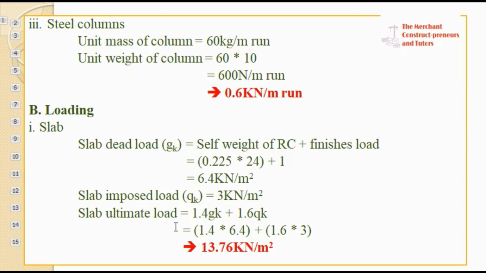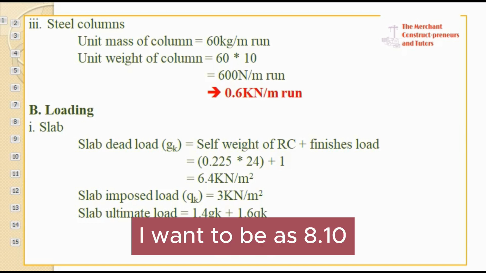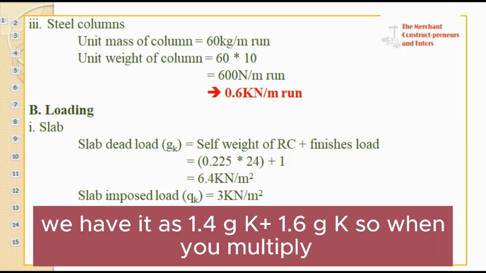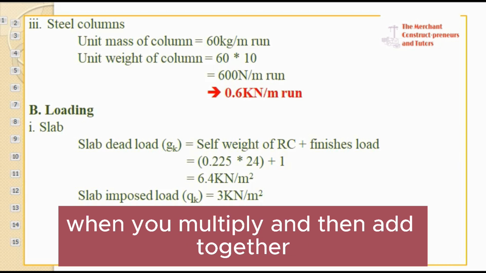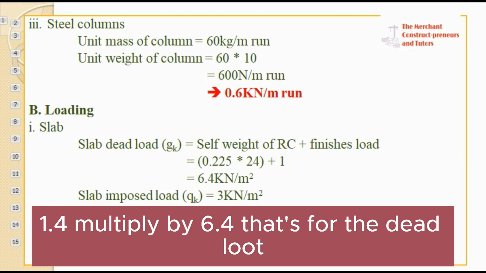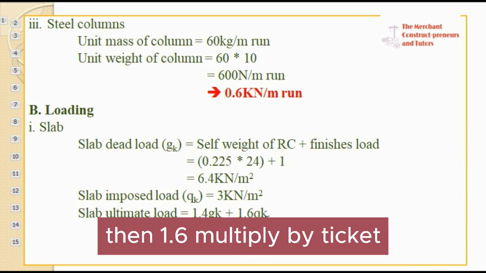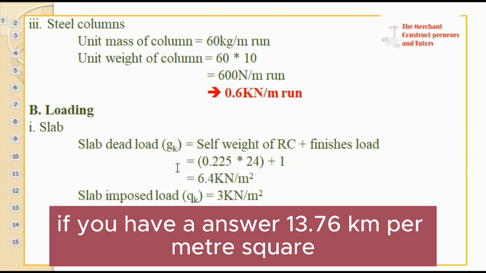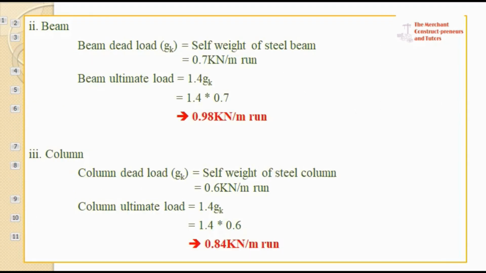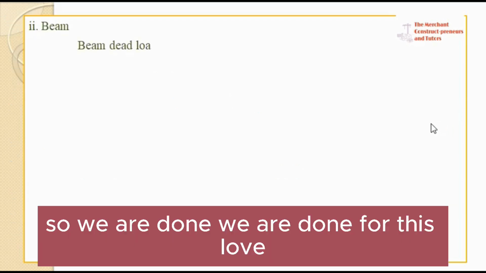So ultimate load, according to BS 8110, is 1.4 GK plus 1.6 QK. When you multiply and add together, 1.4 multiplied by 6.4 is for the dead load, then 1.6 multiplied by 3 is for the imposed load. We have our answer as 13.76 kilonewton per meter square. So we are done for the slab.